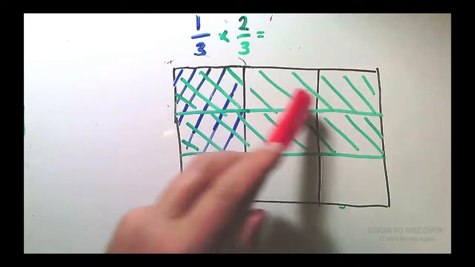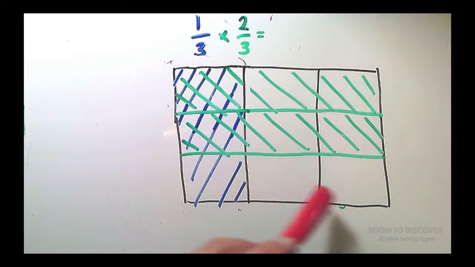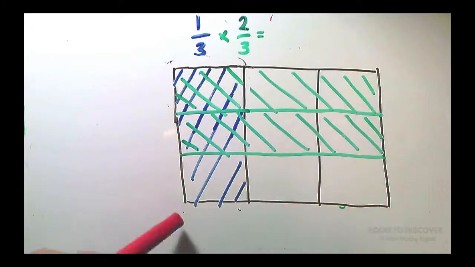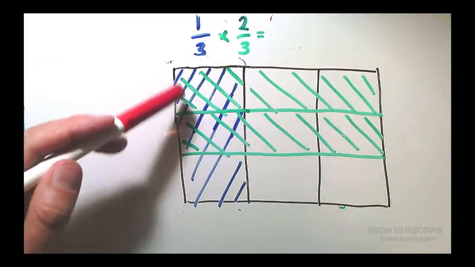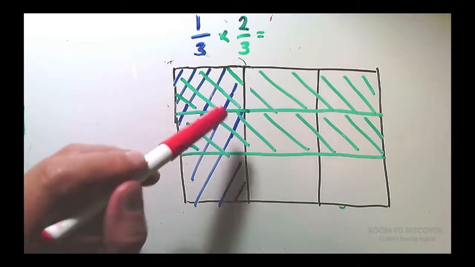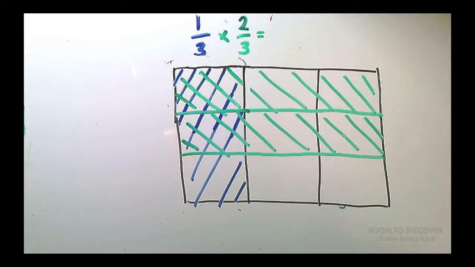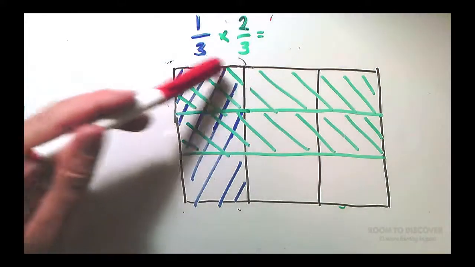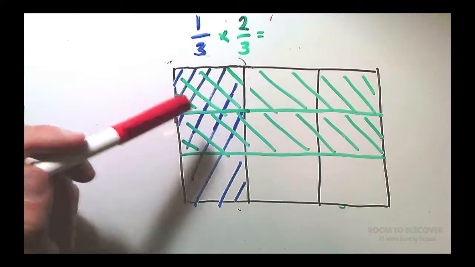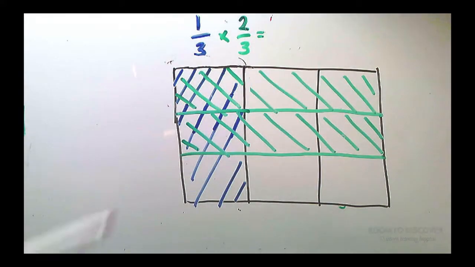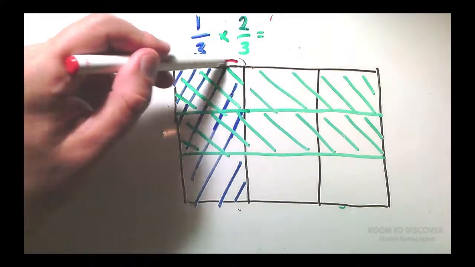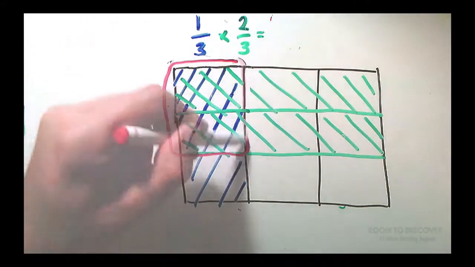We still have 9 pieces, right? We're thinking about this brick as 1 whole by 1 whole, right? So each of these represents 1/9 of the whole. But before, where we had one box that was shaded in both blue and green, now because of our 2, we have 2 of them.